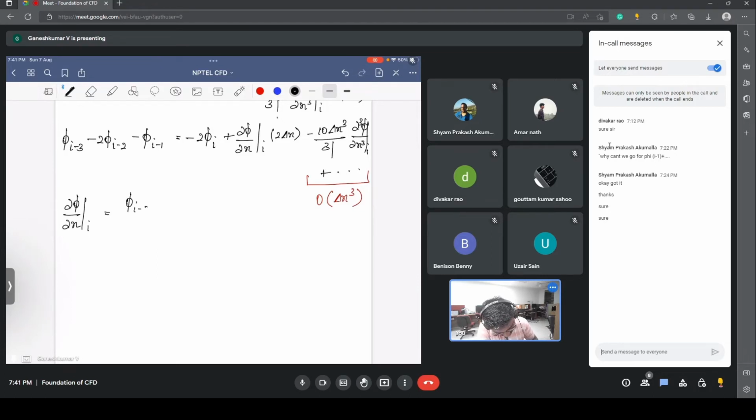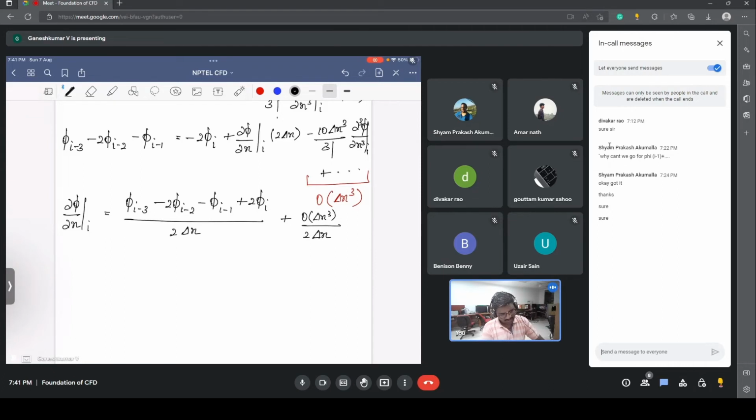Phi i minus 3 minus 2 phi i minus 2 minus phi i minus 1 plus 2 phi i, alright, over delta x plus, there is this order of delta x cube times delta x, right?